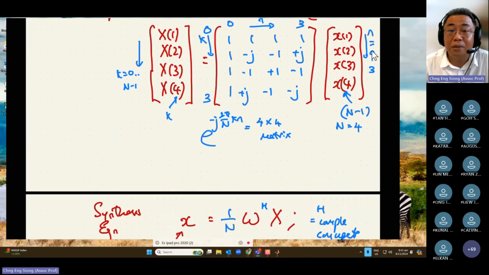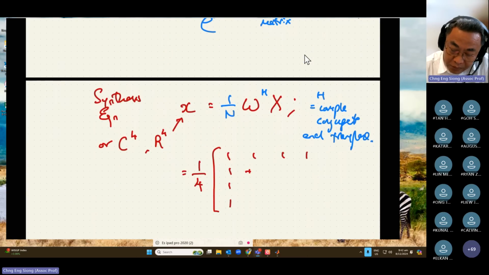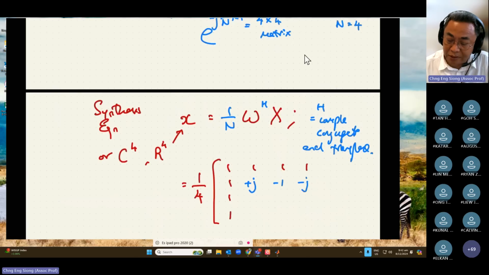So now I take the second row. 1, minus j, minus 1, plus j becomes 1, plus j, minus 1, minus j. Let's do it in a different color so you can see exactly where the difference is. Plus j, minus 1, minus j. So this is the key difference.